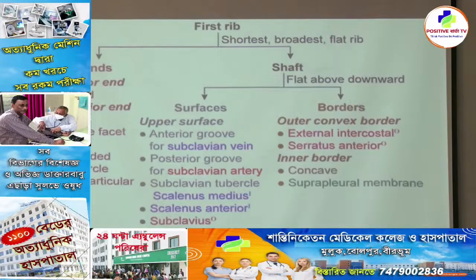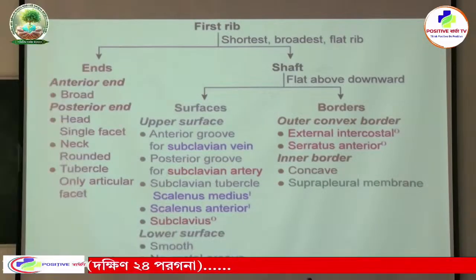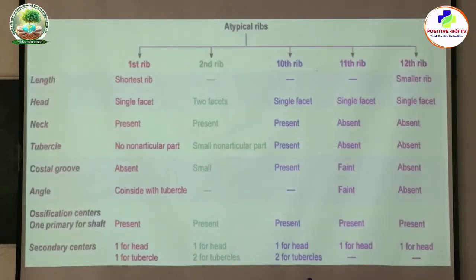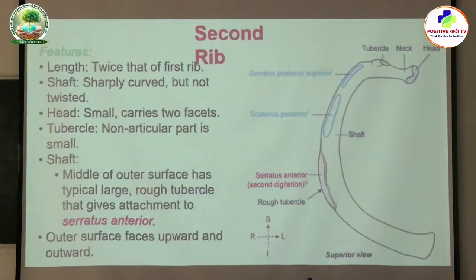Lower surface is smooth, no costal groove. Borders: the outer convex border gives attachment to external intercostal, and the first digitation of serratus anterior takes origin from the outer border. The inner border is concave and provides attachment to the suprapleural membrane. Understood? It is flat from above downwards, the first rib. So we have completed the first rib.